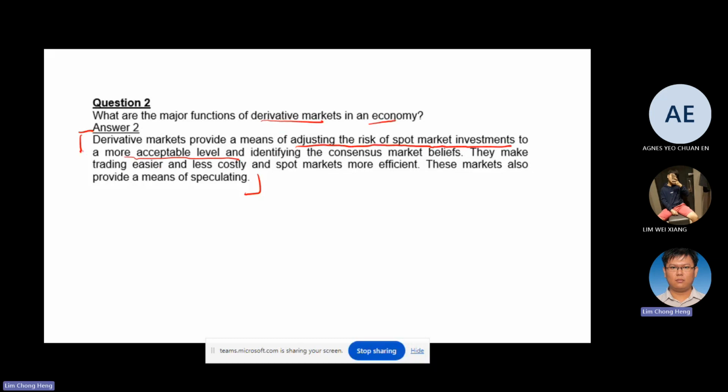And then they reduce the cost of hedging. For example, we say cost efficiency in hedging, here we compare to spot market hedging. Spot market hedging is, for example, you are a cooking oil company.